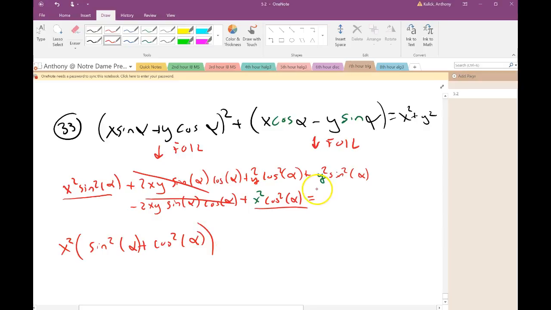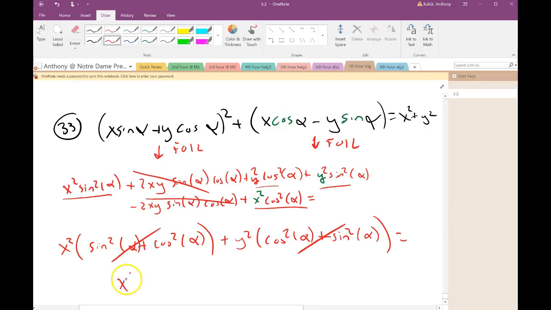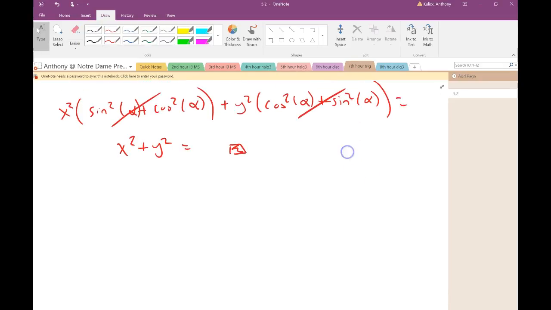And similarly, I can take the y squared cosine squared and y squared sine squared. And what is sine squared plus cosine squared? 1. So I'm left with just x squared plus y squared. On to 37.